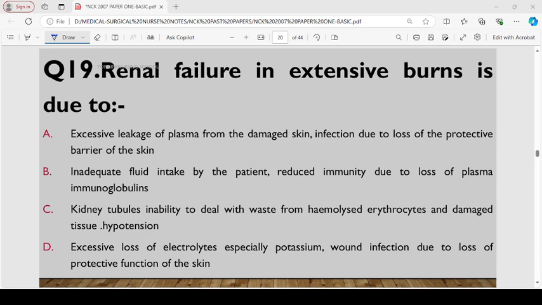These are contributing factors but not direct causes of renal failure. While electrolyte loss occurs, it is not the primary mechanism of renal failure, right? So option C, where kidney tubules are unable to deal with waste from hemolyzed erythrocytes and damaged tissue, becomes the most appropriate option.